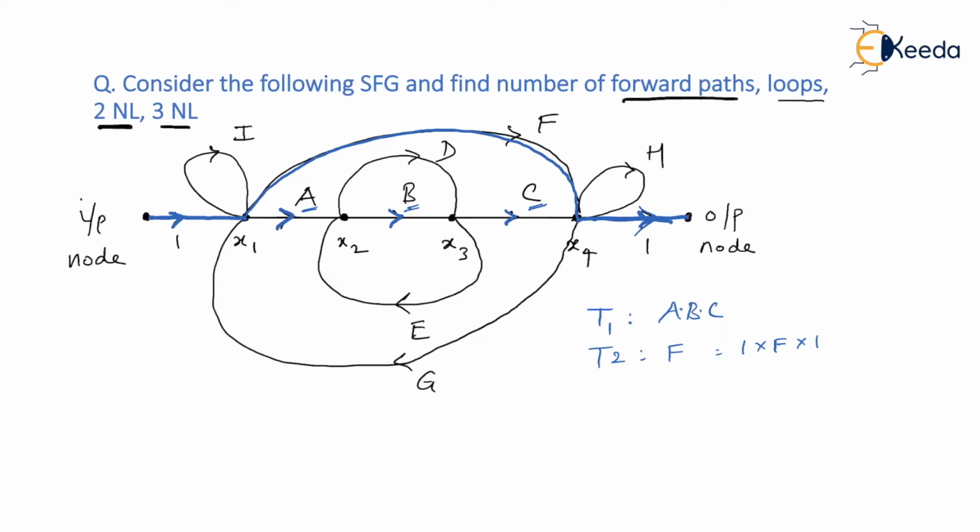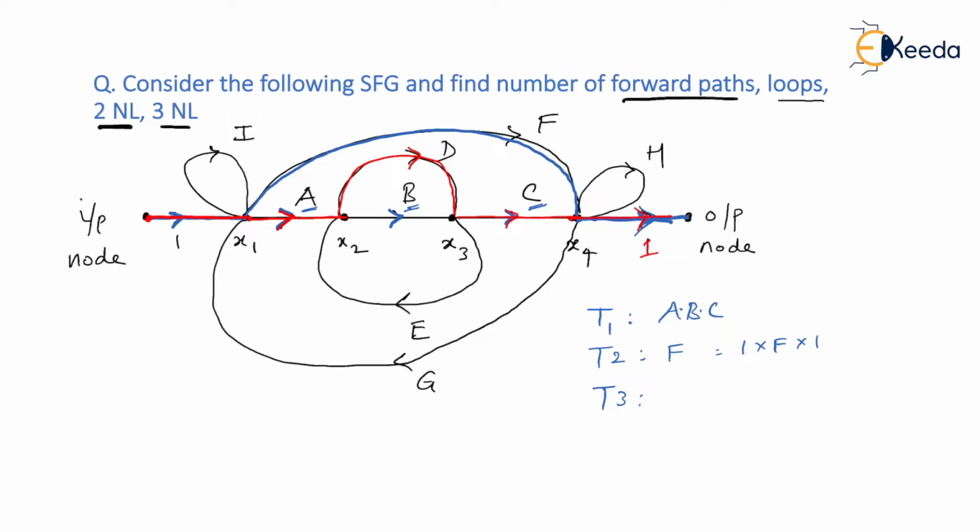Let's go for T3, that is the third forward path. As you can observe, from input to x1, then you can come via A to x2, but then you can go like this, that is via D directly to x3, and then C, and then to the output node with gain 1.